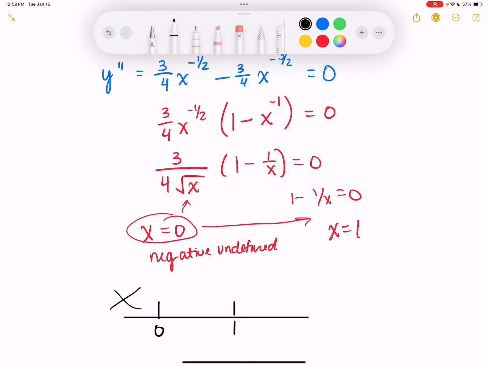Okay, so between 0 and 1, what might we pick? 1/2, and this is going in y double prime.